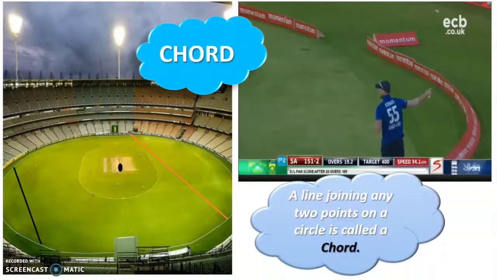So, a line joining any two points on a circle is called a chord.